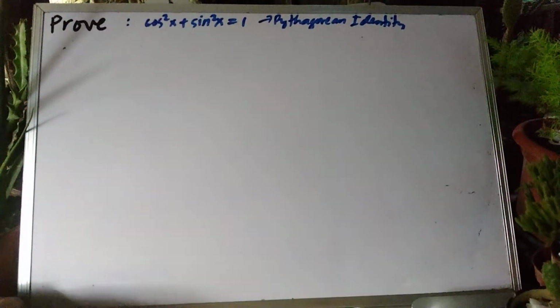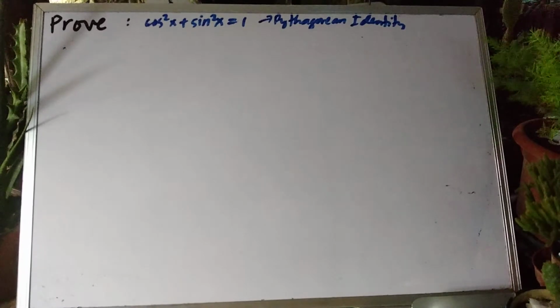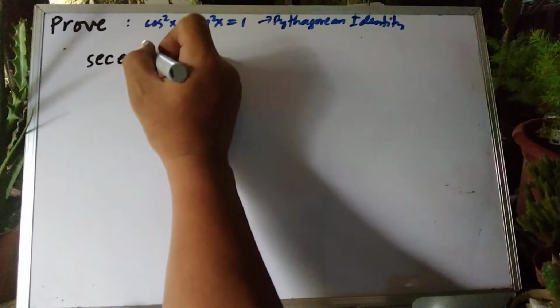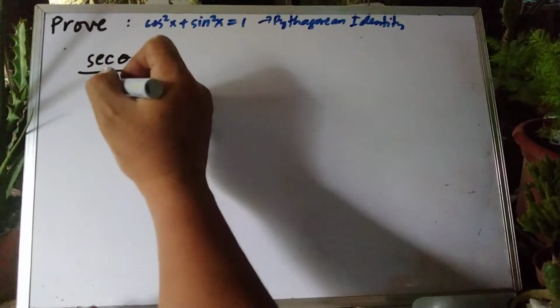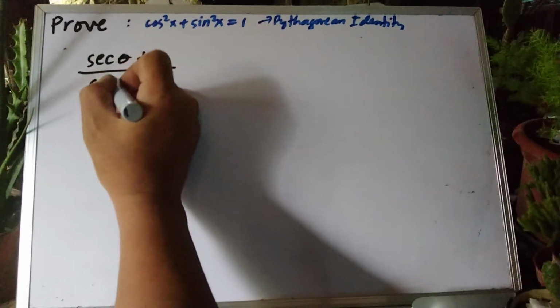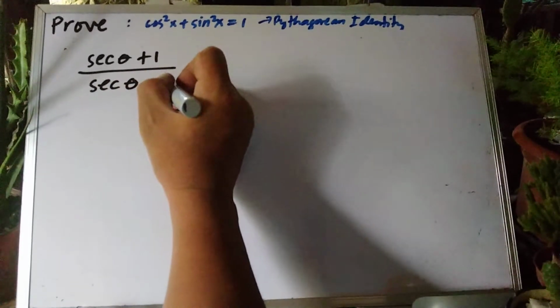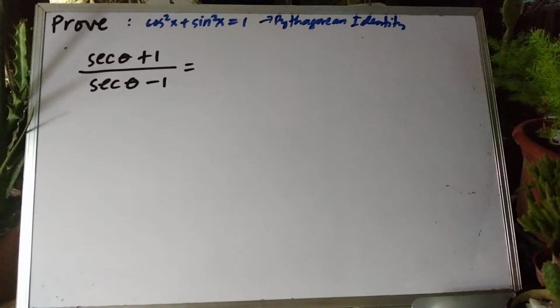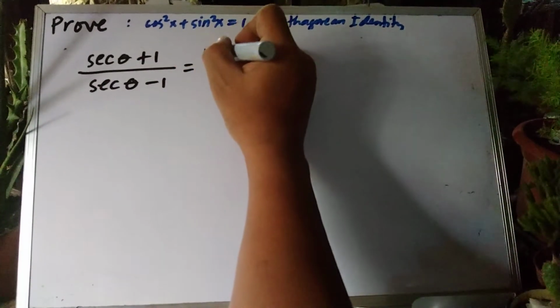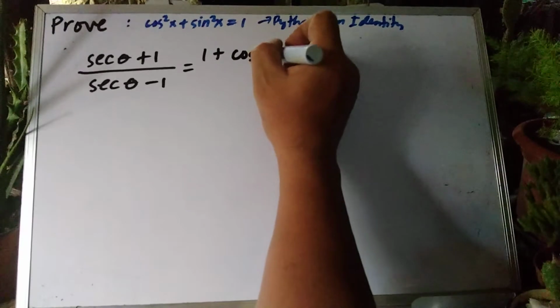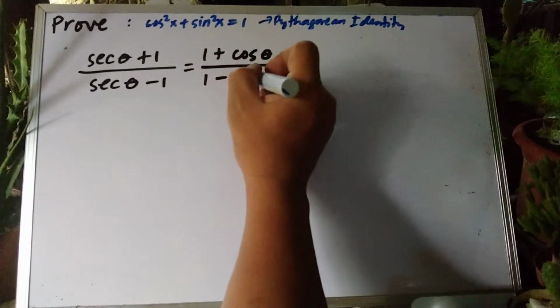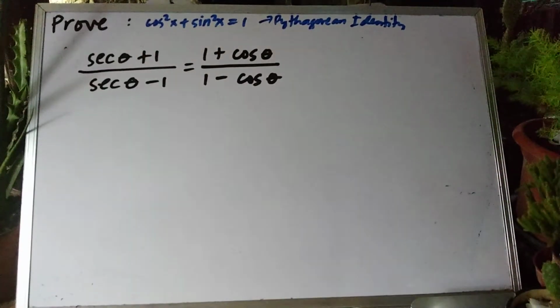Okay, we need to prove. Okay, prove secant theta plus 1 over secant theta minus 1 is equal to, ano ba to dito sa book? 1 plus cosine theta over 1 minus cosine theta.